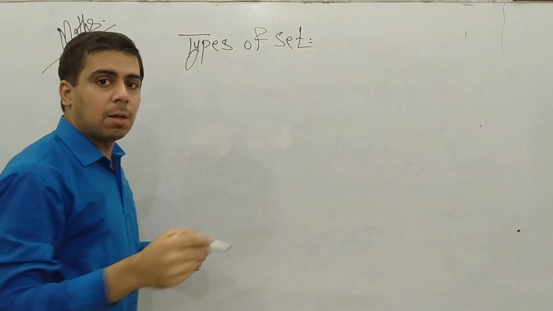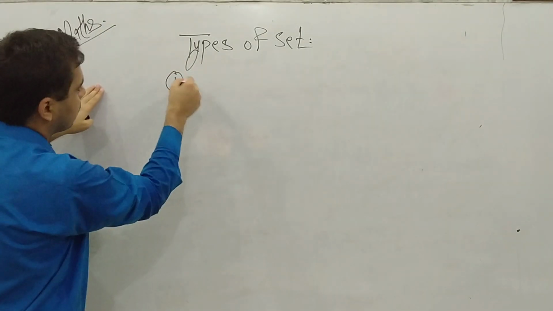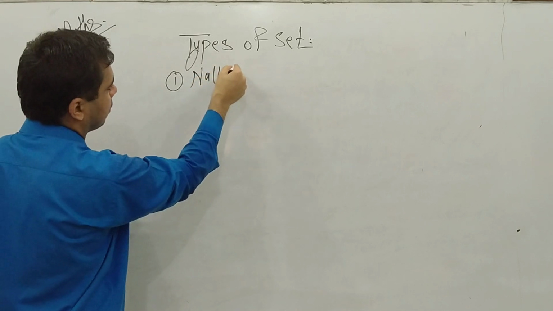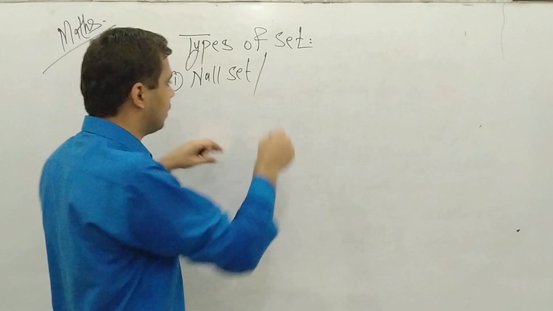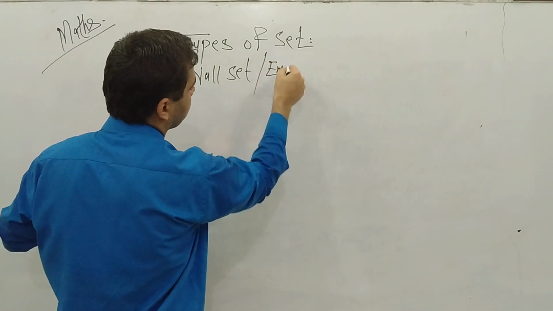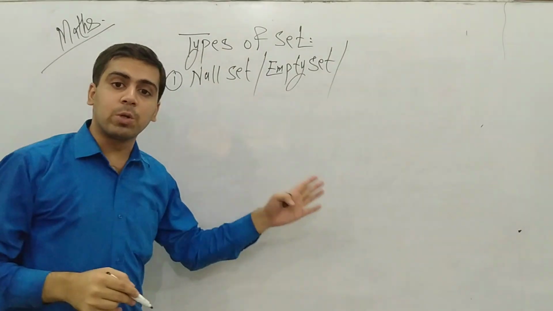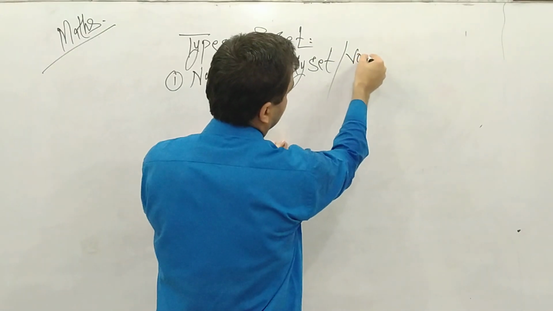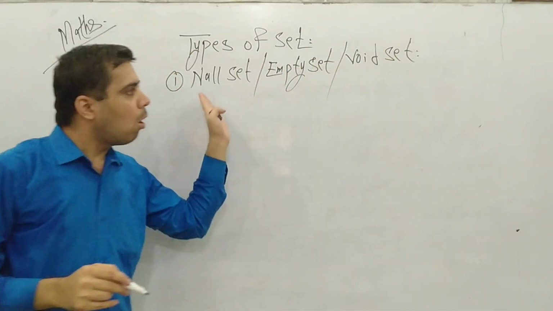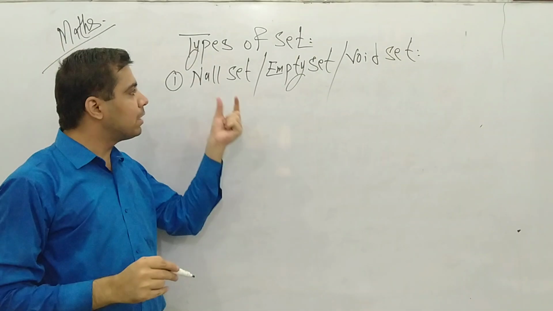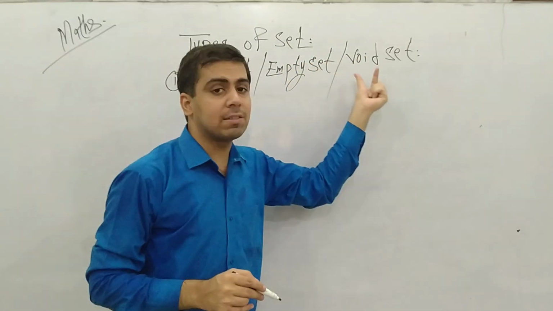Types of sets. Now the first type of set is always the null set. Number one, that is your null set. My students, a null set is also known as an empty set, and an empty set is also known as a void set. It means you can call it by all these names; they all refer to the null set.